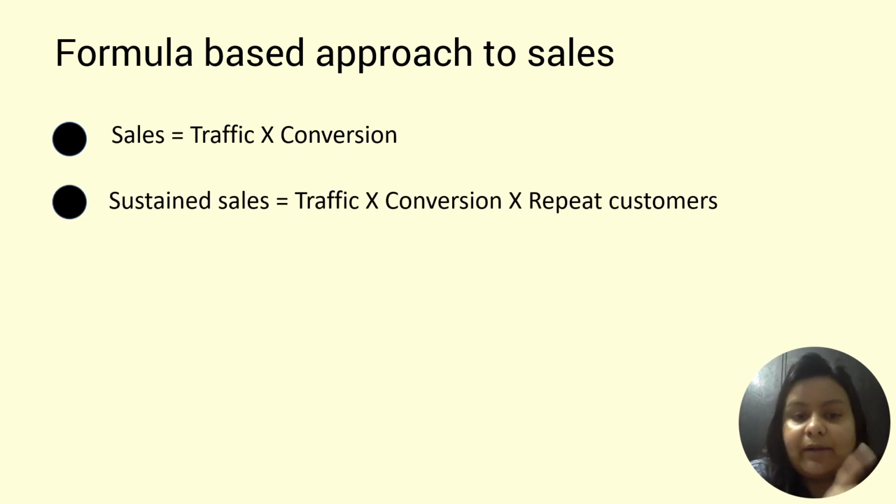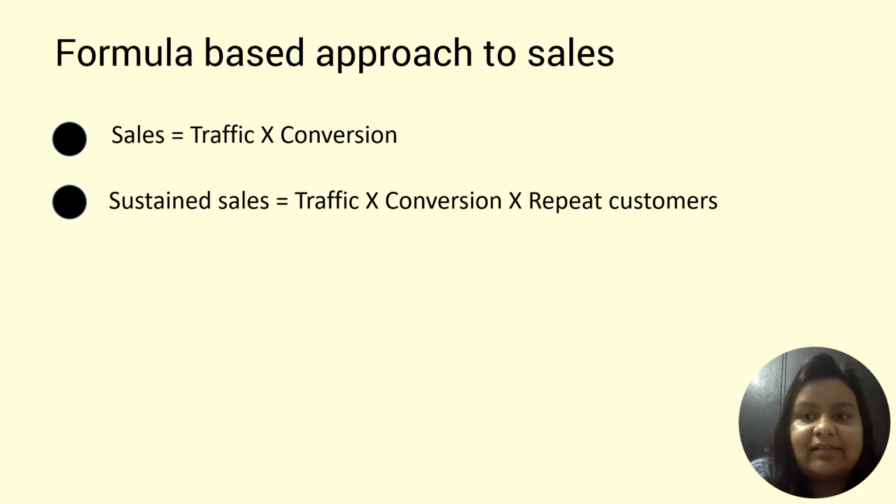Now adding one more attribute to this formula, that is repeat customers. How do you create sustained sales, right? So again, taking that simple example, 100 people come to your store, 10 of them make a purchase on one day.